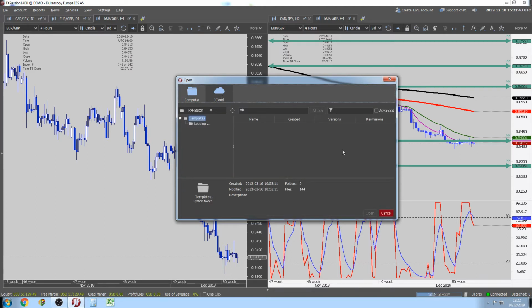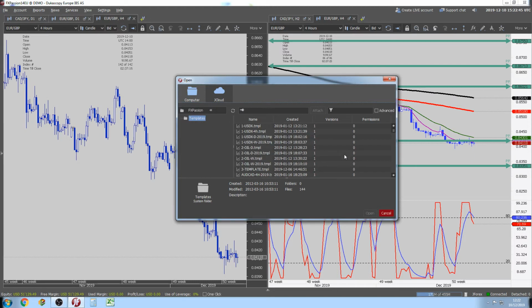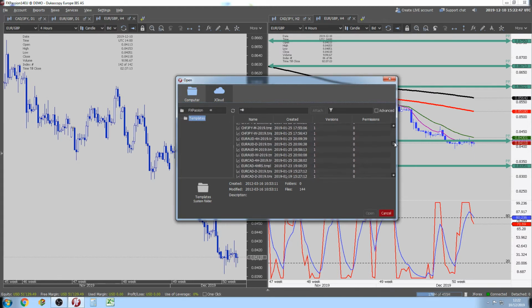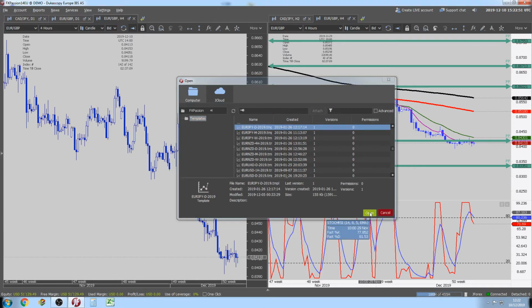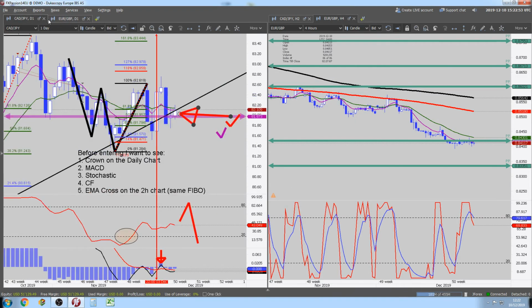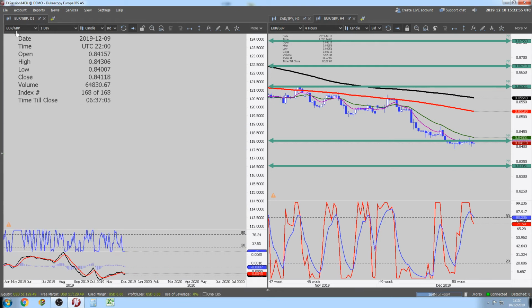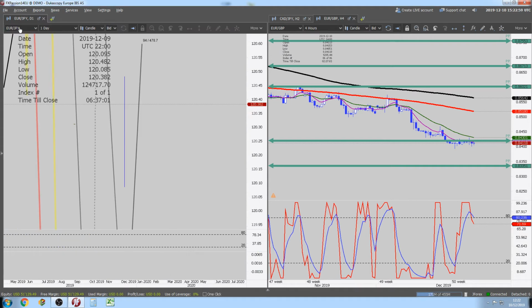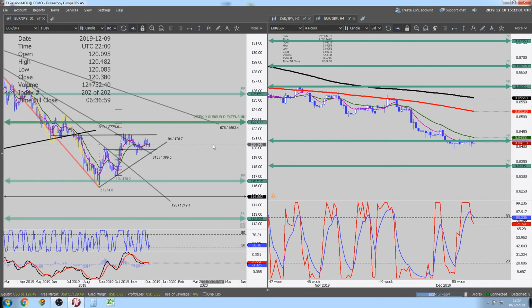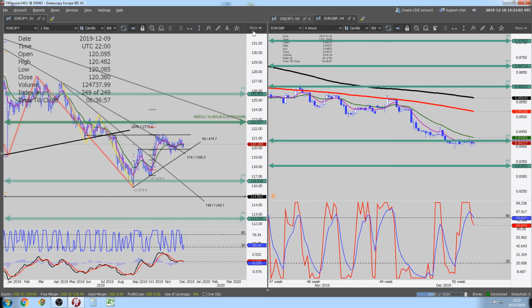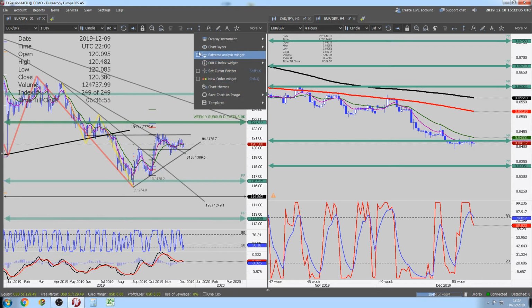Euro New Zealand is up or down? Everybody, we're going to open Euro JPY first. Euro New Zealand is short or long? Euro JPY, let me see. Okay, this is Euro JPY. What about Euro New Zealand?